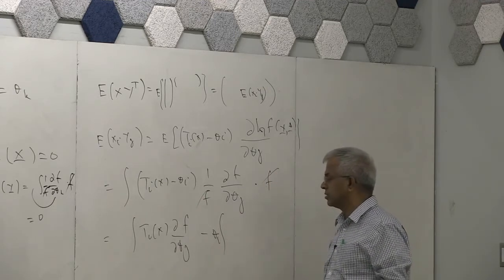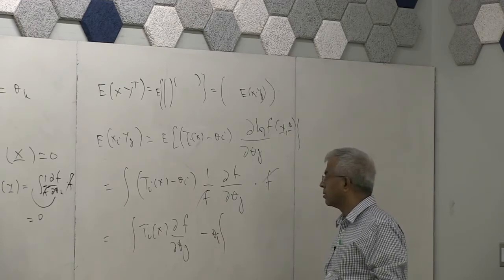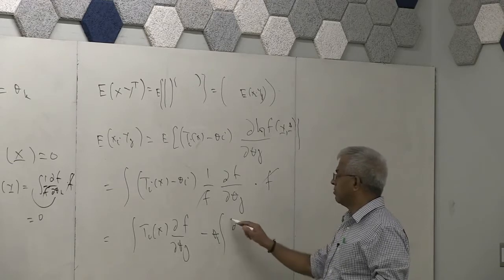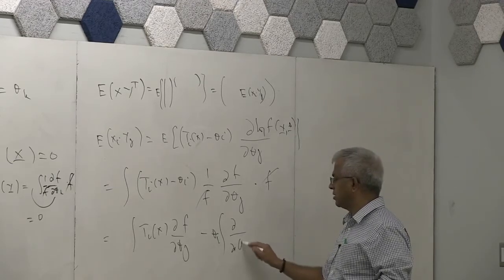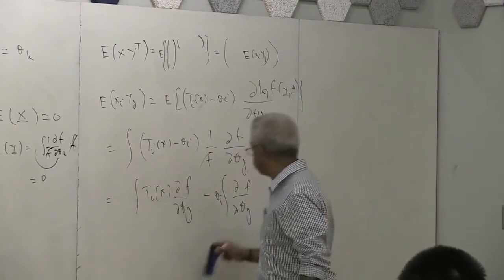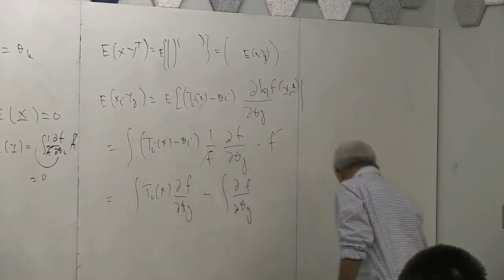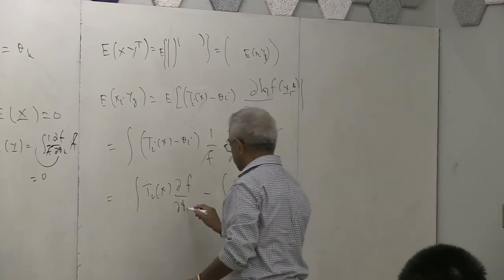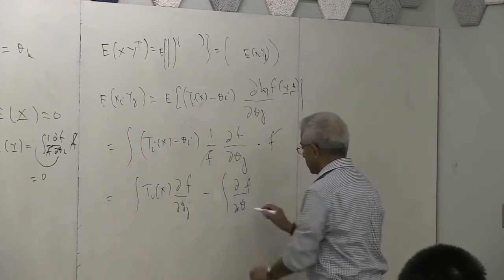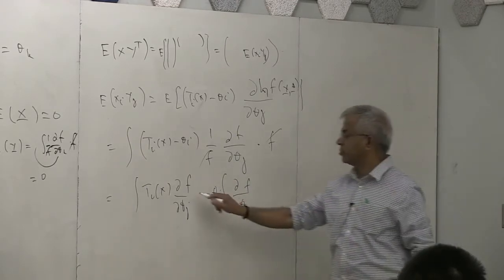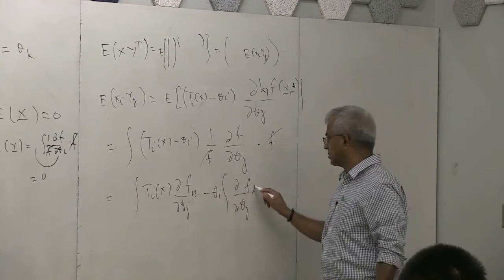Theta is a constant, right? Here you have d by d theta_j of f, right? This is theta_i. Let me not get sloppy here. So this is j. Of course, dx, etc.